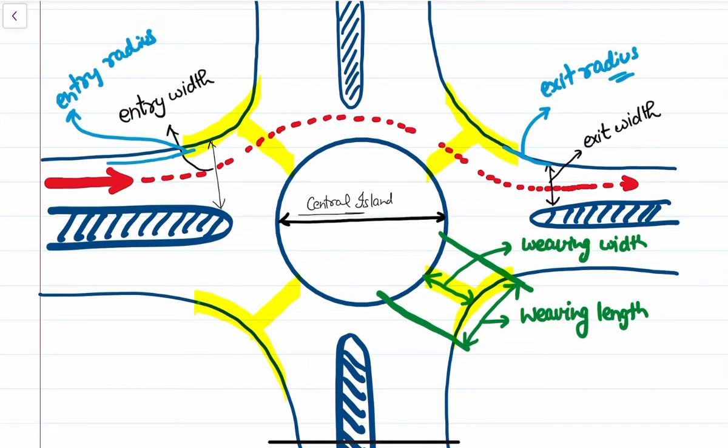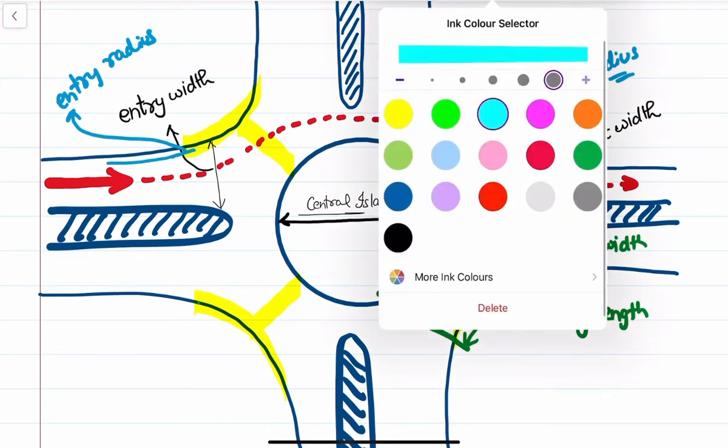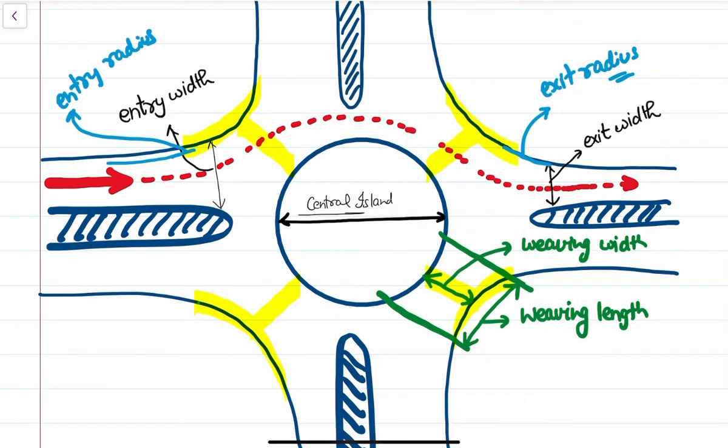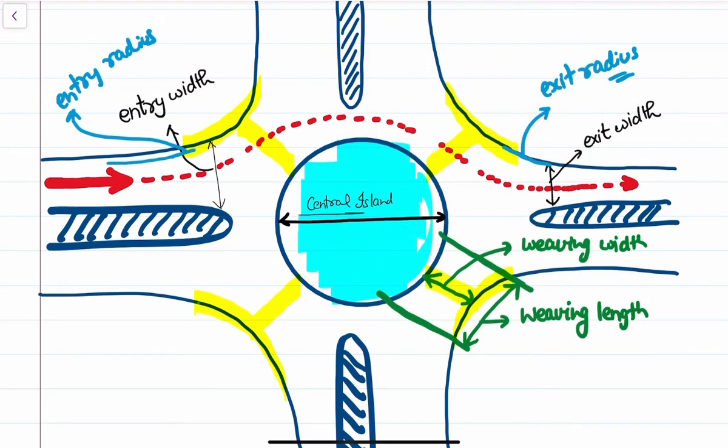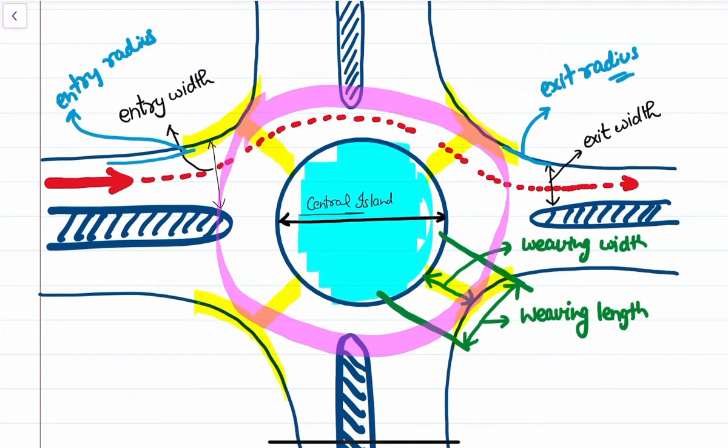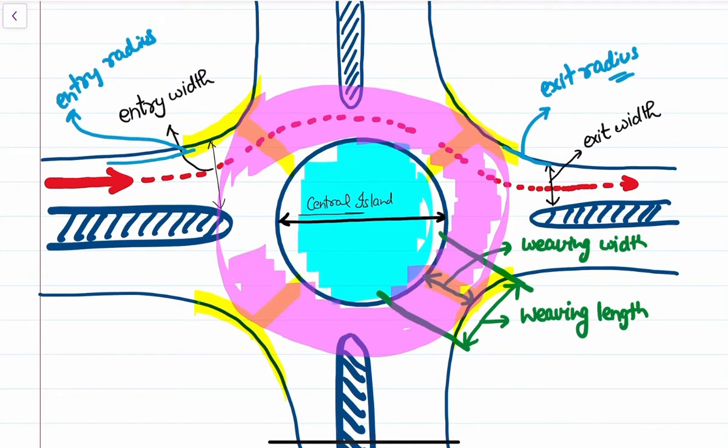Now, in this rotary section, we have this central island. This is the central island. Along with that, if you observe, there is another circle that is inscribed.